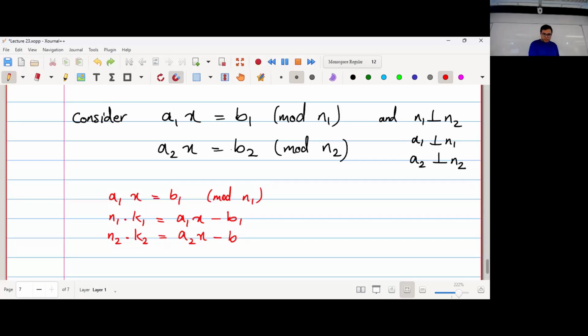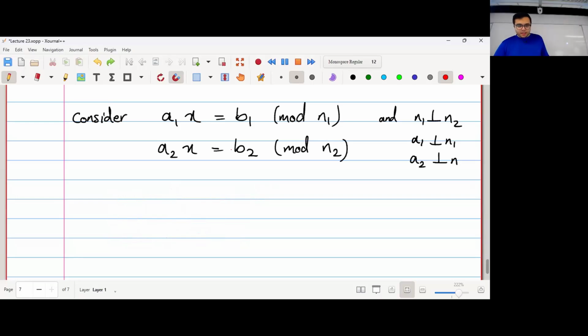Or let me look at this in a different way. So let's say I look at the solution of the first equality here. So let's say I have some solution x1, and a1 x1 is equal to b1 modulo n1. Okay, so I have a solution x1 that satisfies this first one. But if x1 satisfies this, what happens if I add something to x1?